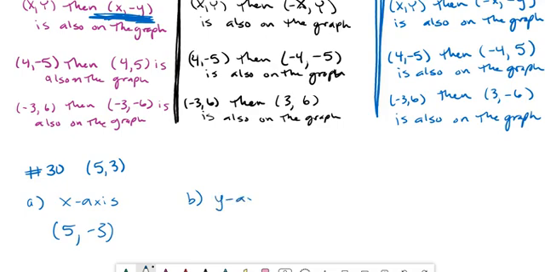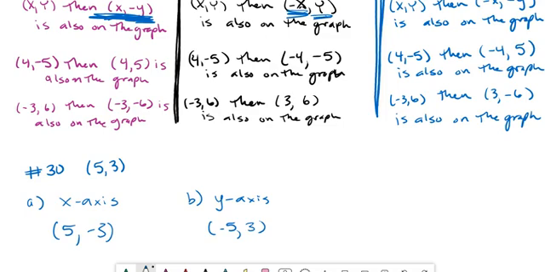B wants to know if the point 5, 3 is on a graph that has symmetry with respect to the y-axis, then what point do you also know is on the graph? So we know for graphs that have symmetry with respect to the y-axis, that the opposite of x, so the opposite sign of x, negative 5, and then the same y value, positive 3, is also going to be on the graph.